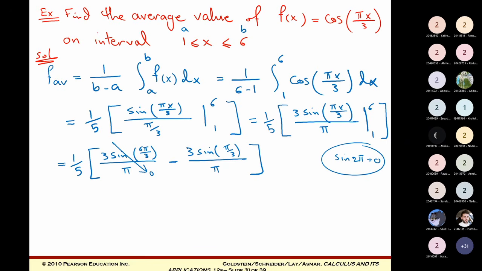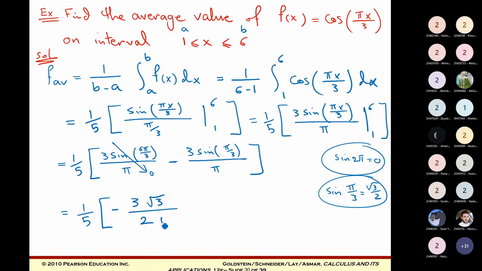Now, the value of sine pi over 3, as mentioned in the previous slide, equals radical 3 over 2. So we have 1 over 5 multiplied by negative 3 multiplied by radical 3 over 2 pi.